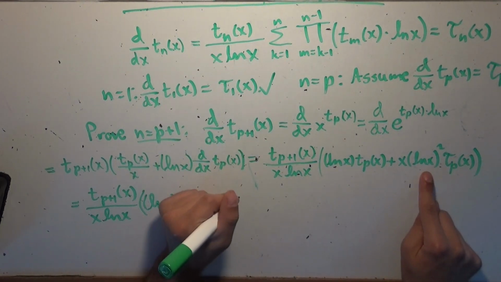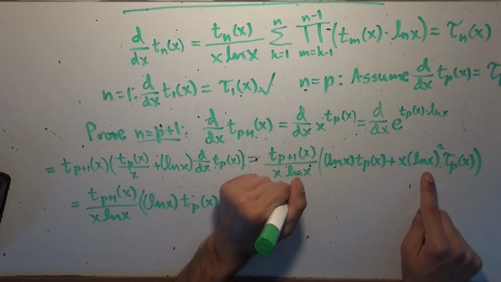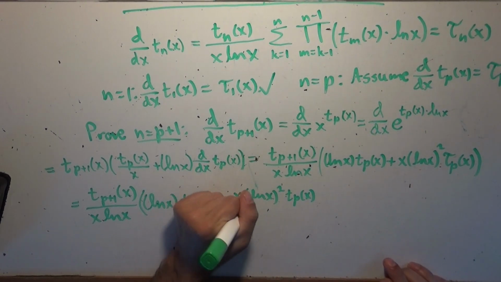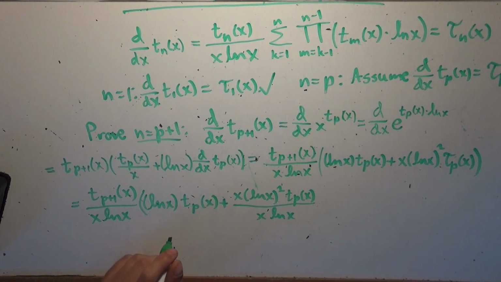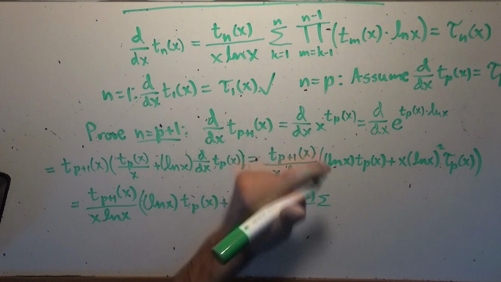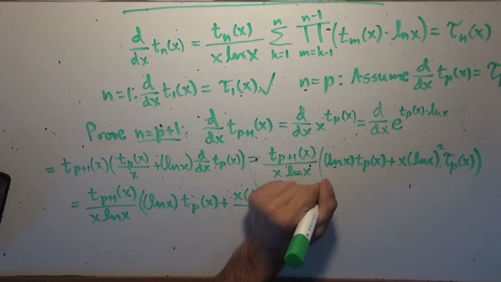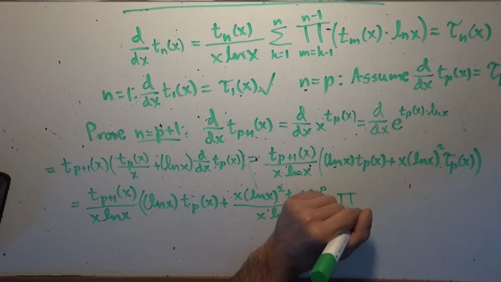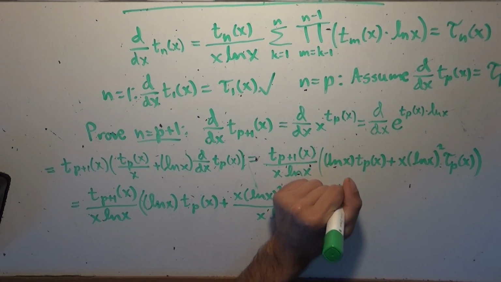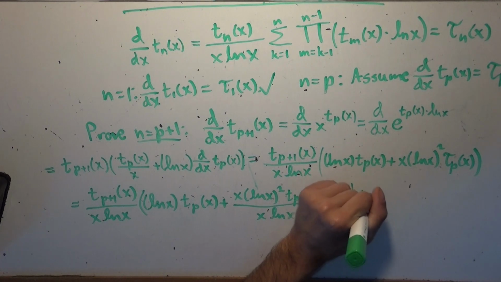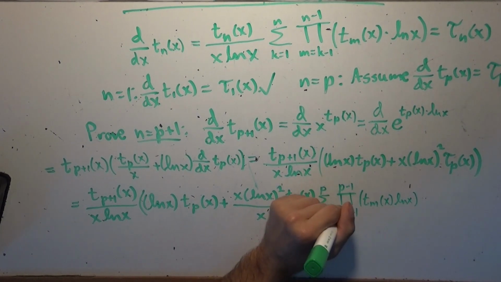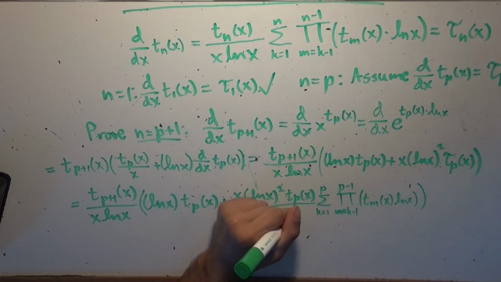So we have (x log x) squared times t_p of x, now divided by x log x, which is good to see, times the sum from k equals 1 to p of the product from m equals k minus 1 to p minus 1 of the nth tetration of x times log x. Okay, so that's the full expression now.